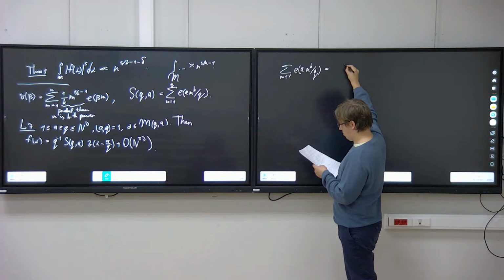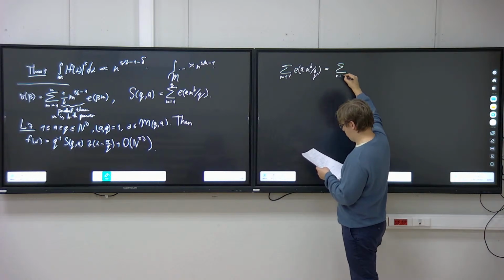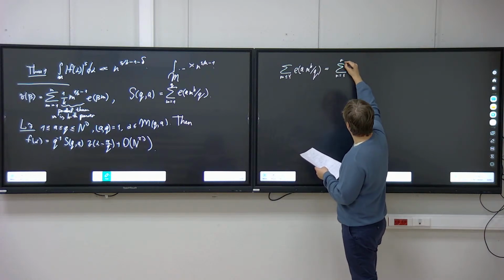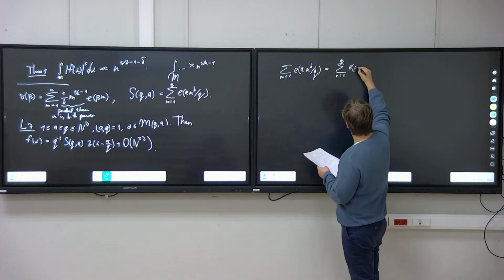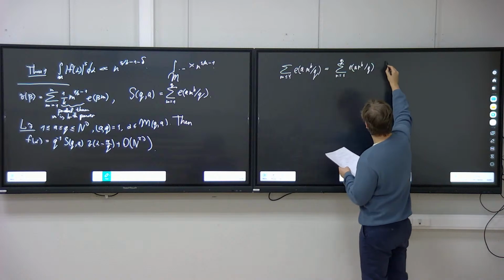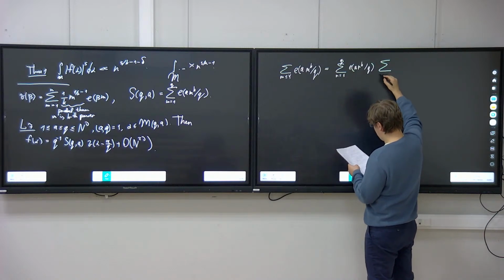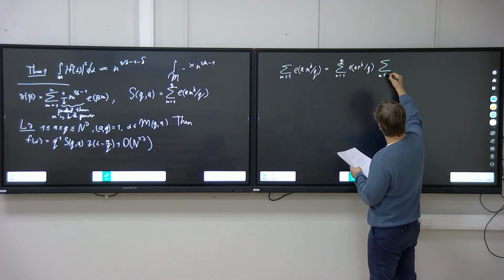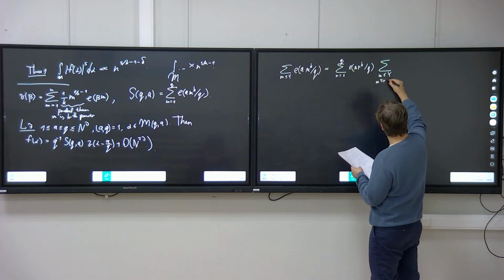That's why it's the sum over r of e of a r to the power k over q, and here will be the sum over m less than y, m equal to r modulo q.